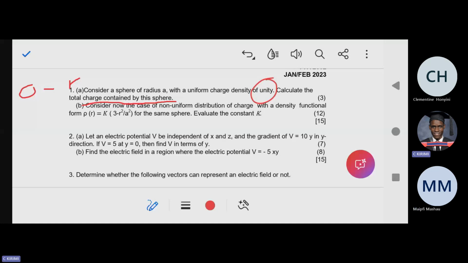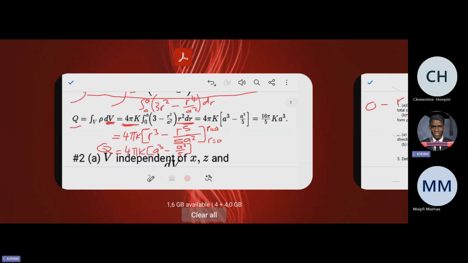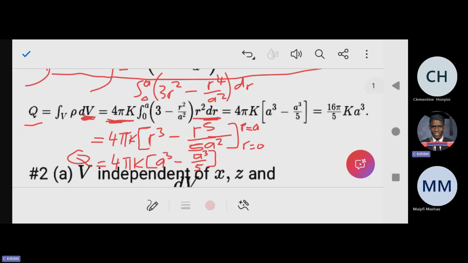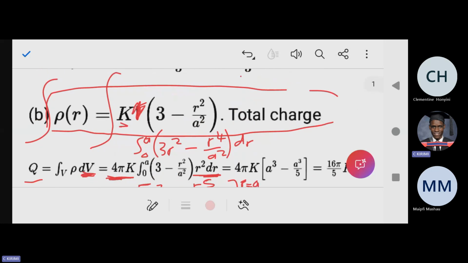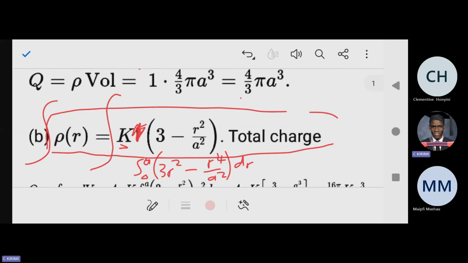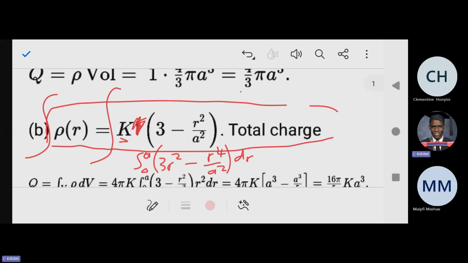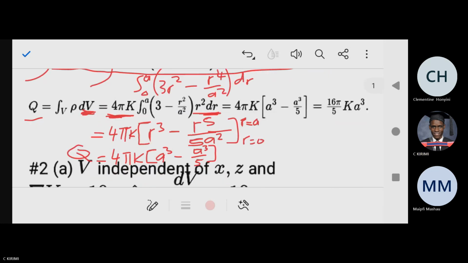So now we've considered that there is a case of non-uniform distribution where the charge density is given by that. Now we want to evaluate the value of that constant k. Before, we found that it's 4 pi over 3a cubed. So let's replace that.